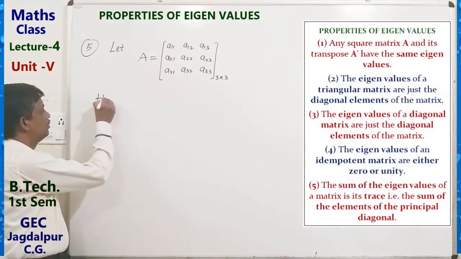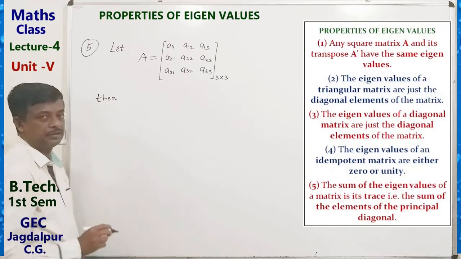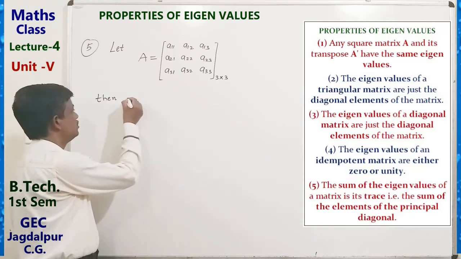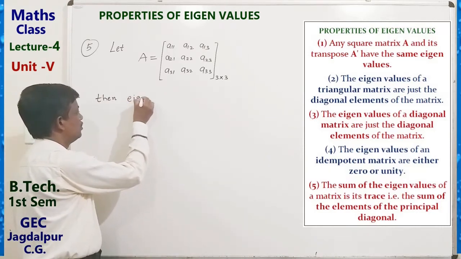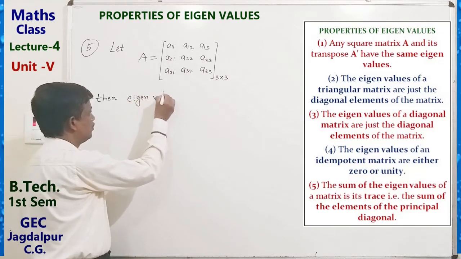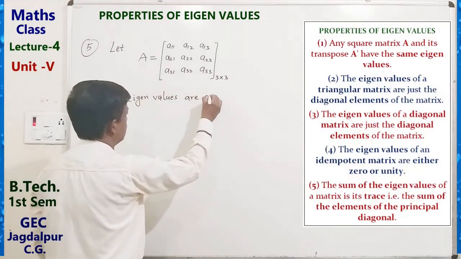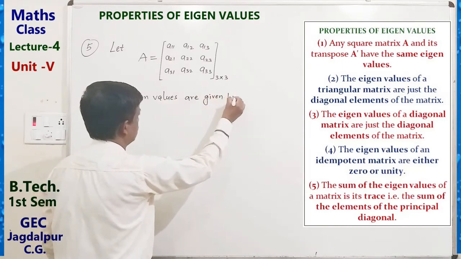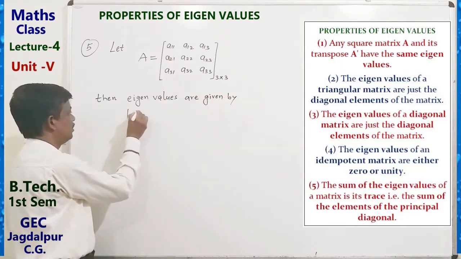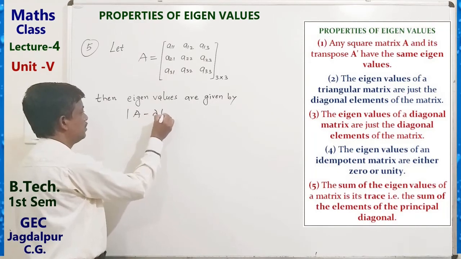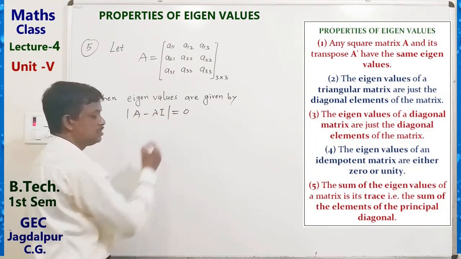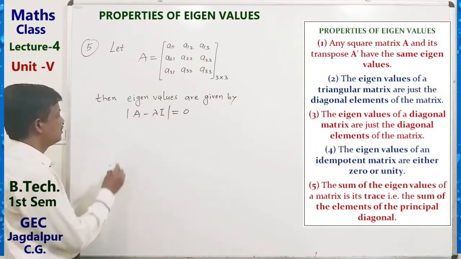Then eigenvalues are given by determinant of A minus lambda I equals 0. Okay, so we can solve it.